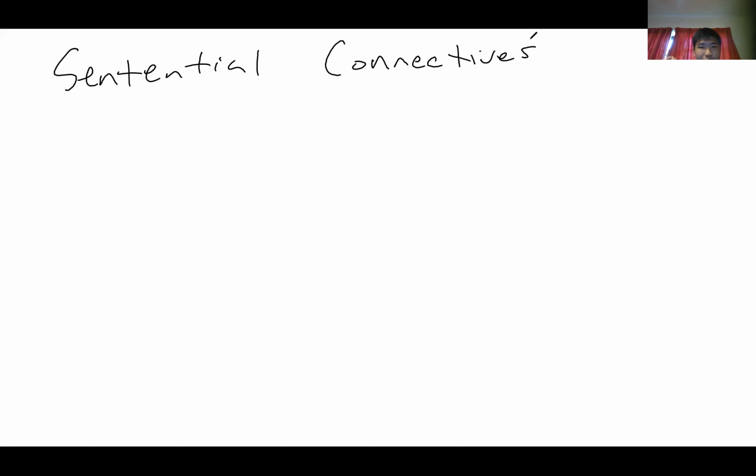So these sentential connectives combine statements. There's this upside down V, which means and. There's this V-shaped thing, the wedge. This means or.